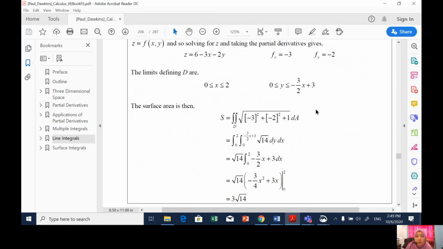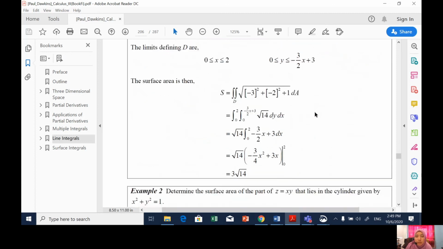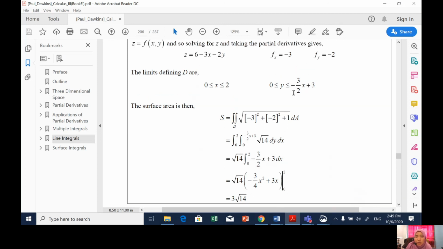Okay, so when we substitute into the double integral in the surface area formulation, surface area is equal to the double integral of the square root of fx squared plus fy squared plus 1. Remember that we have this z equation, this is f(x,y).